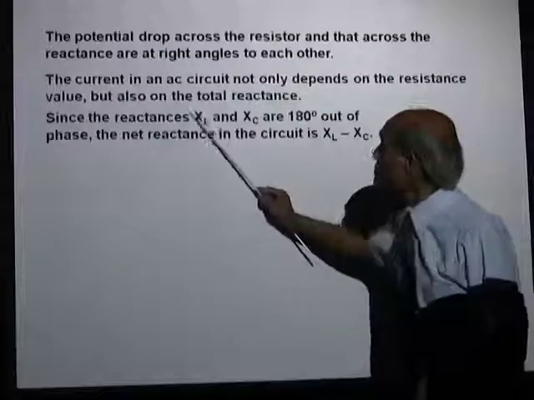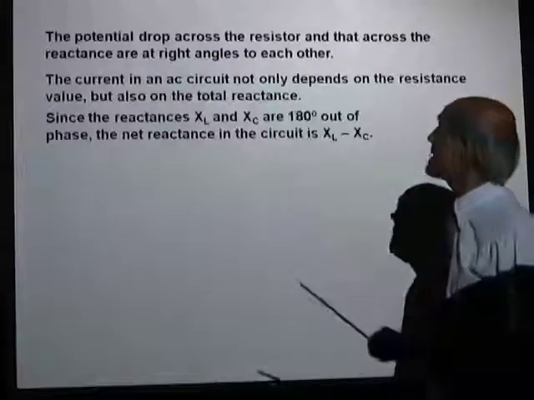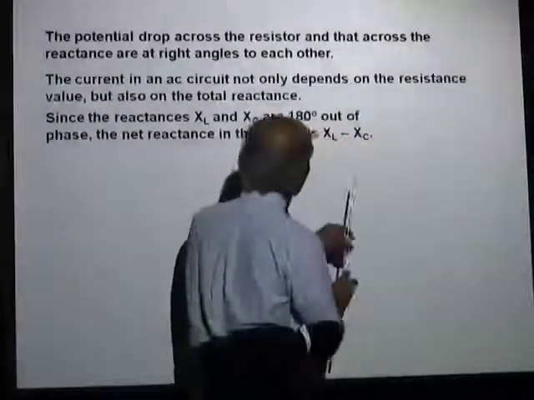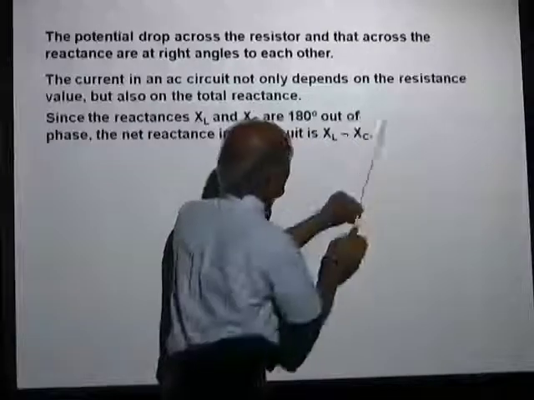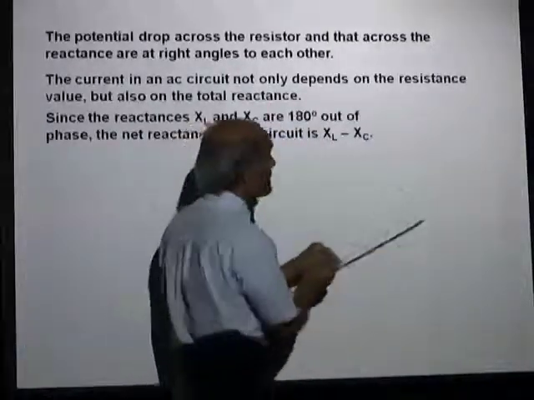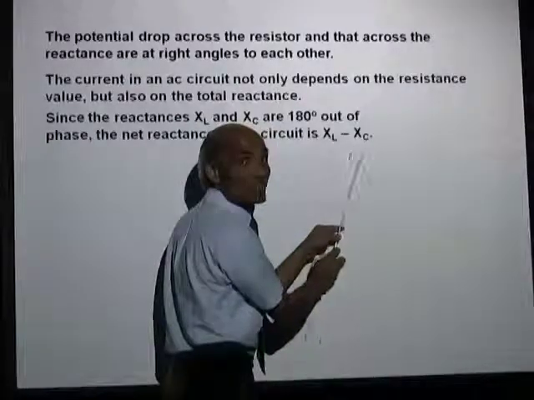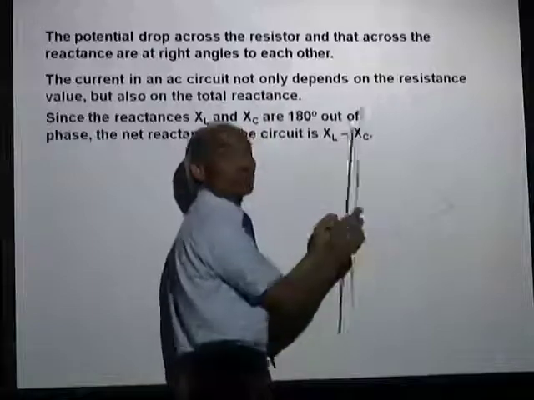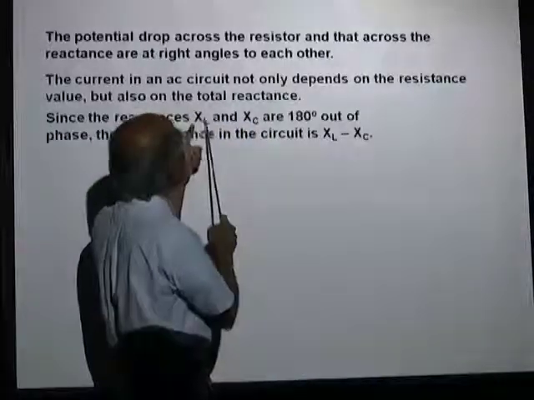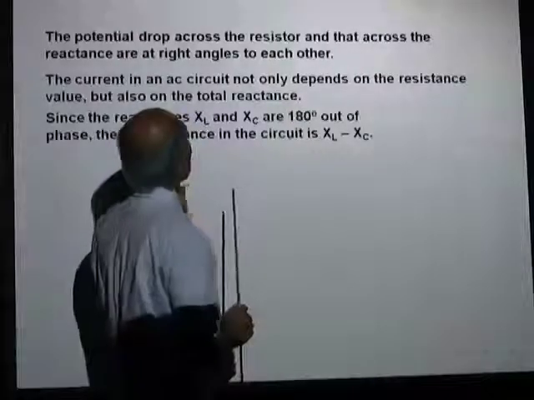Since the reactances XL and XC are 180 degrees out of phase, if XL is upward, then XC will be downward. Because in a capacitor, the current leads by 90 degrees. In an inductor, the voltage leads by 90 degrees. So there is a phase difference between XL and XC of 180 degrees.